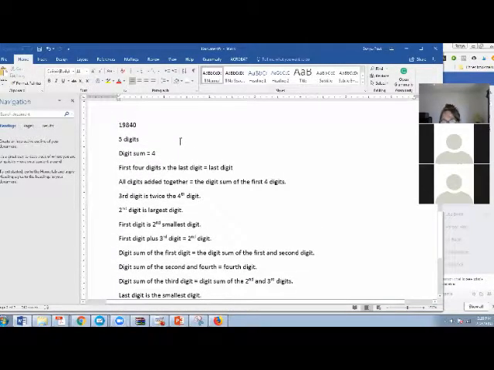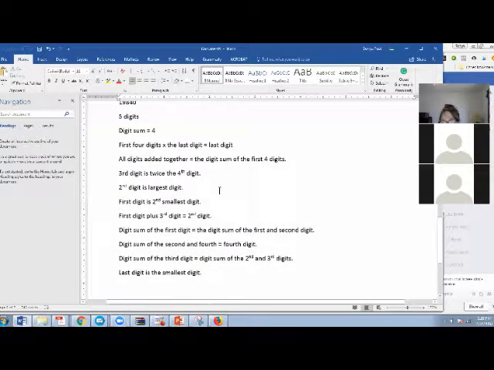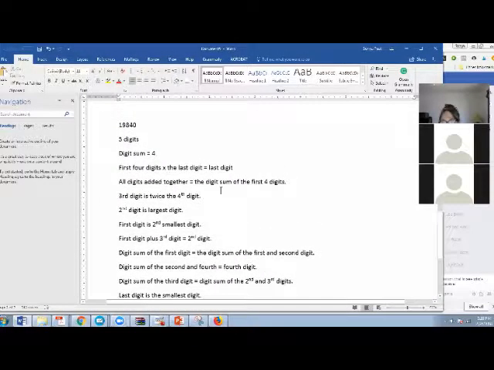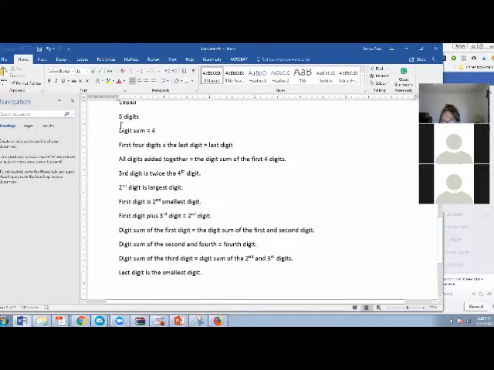We would know for sure that the first digit is 1. The first digit multiplied by the second digit equals the second digit.